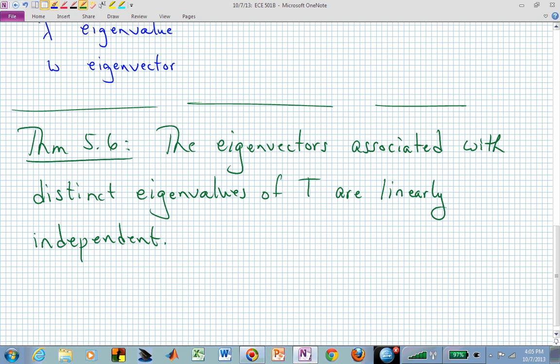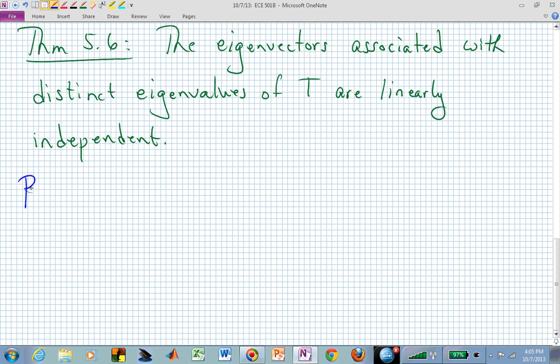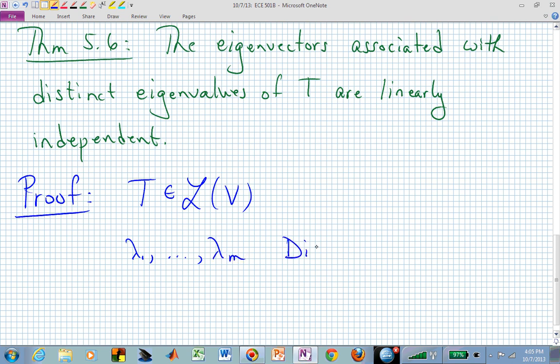Let's look at the proof of this, just to sort of bring us back from a weekend. Suppose that we now have this linear operator and our vector space is V. And let's say that we have distinct eigenvalues. And corresponding to those m eigenvalues, let's just say that we have m eigenvectors.